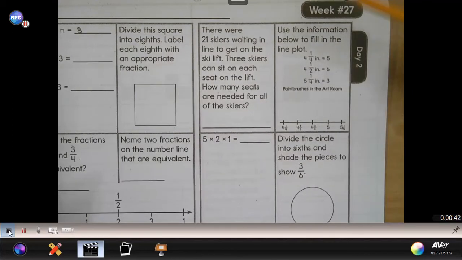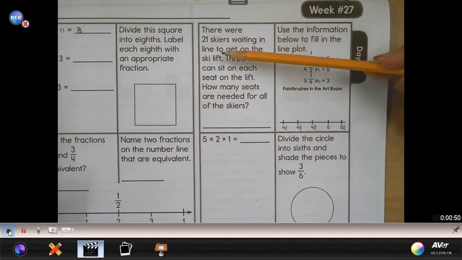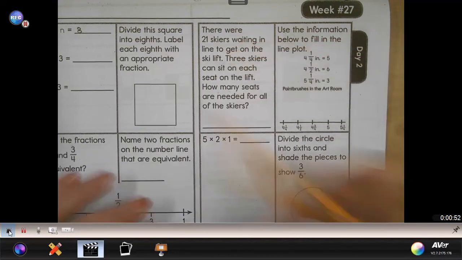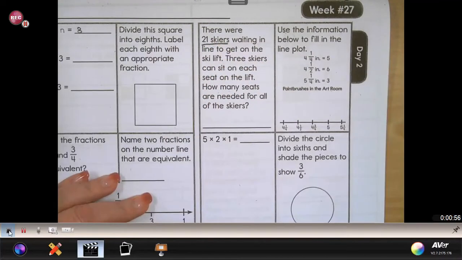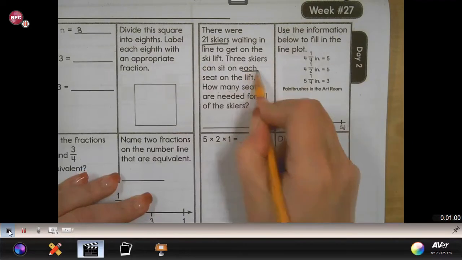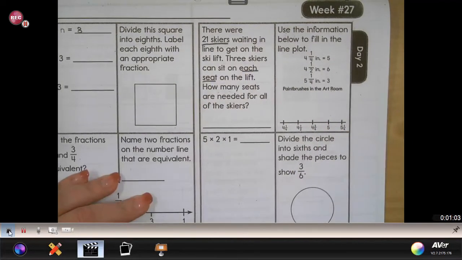The first problem is a word problem. It says there were 21 skiers waiting in line to get on the ski lift. So we know this is the total number of skiers. And it says 3 skiers can sit on each seat. Again, each is a very important word whenever it comes to multiplication and division.